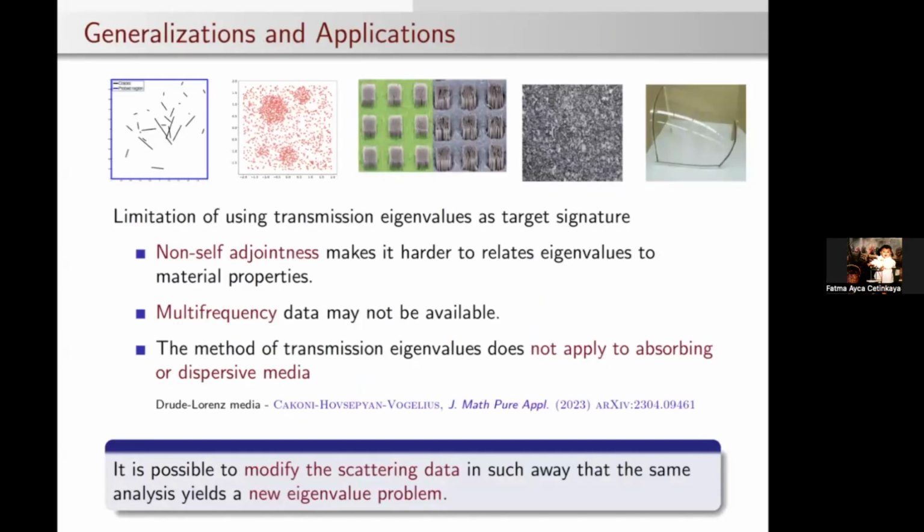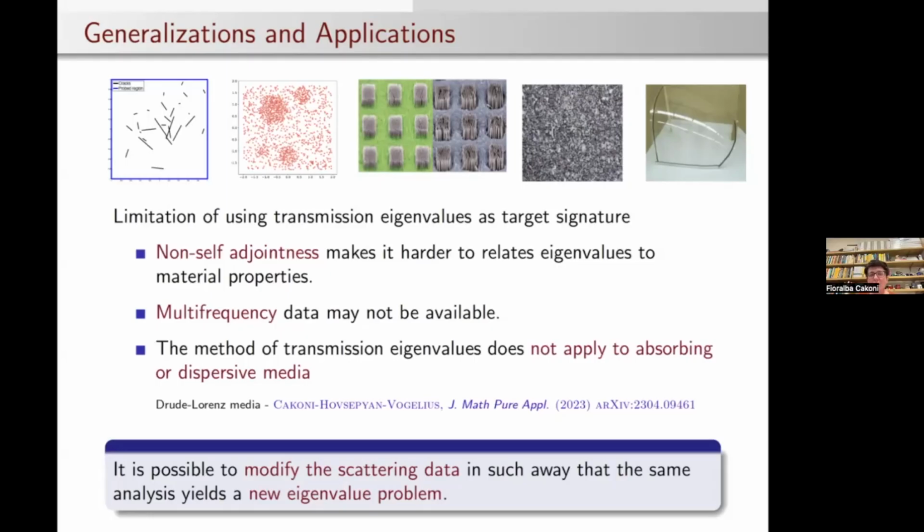Okay, so I'm not going to get into details, but I'm just going to throw out an idea that we have developed to bring up other eigenvalue problems with respect to a modified far field operator or pre-processed scattering data that play the same role as a transmission eigenvalue.